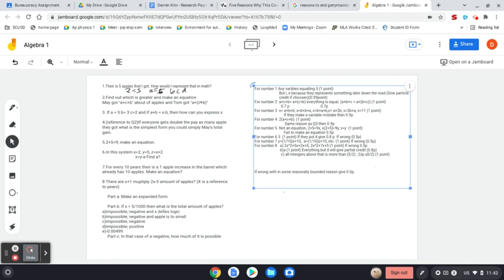Sorry, more than 0.5. That's a good enough answer for me. But what kind of answer can they get wrong with this one? So I put all integers.